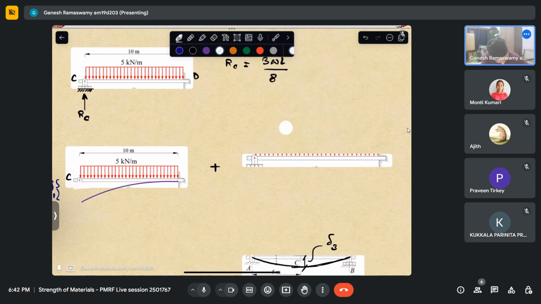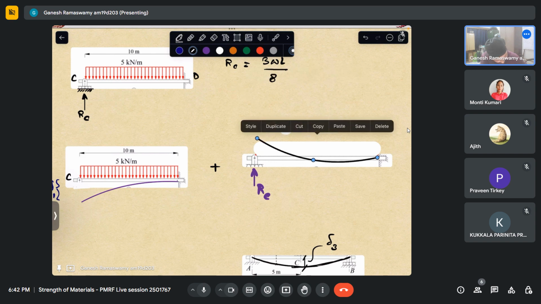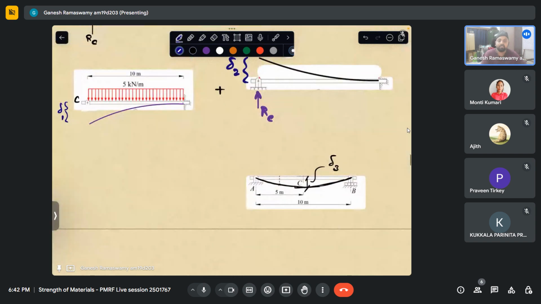So if there is no load, but only a reaction at C, naturally this will have a deflection like that. Let this be delta 2. So the only difference between this question and the previous one is that delta 1 minus delta 2 was equal to 0 in the previous case, whereas here it won't be equal to 0, but it will be equal to delta 3.